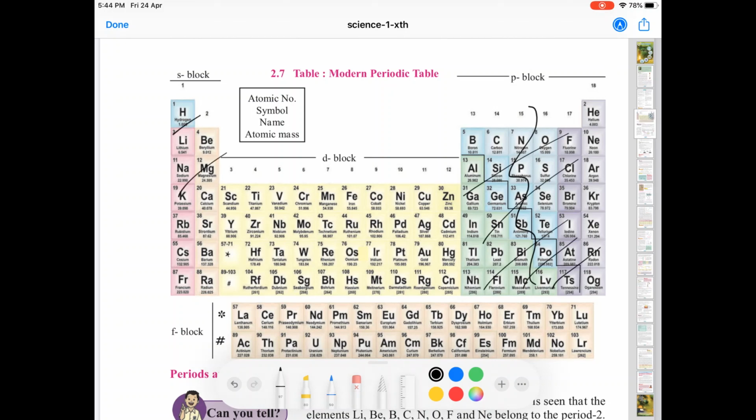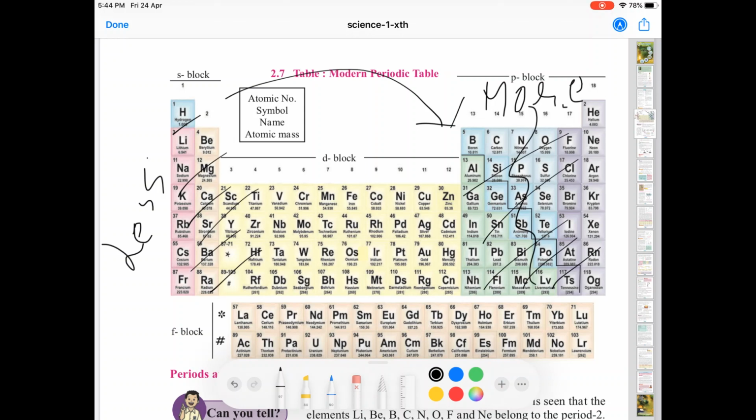Whereas if you look at the elements on the left, it is easy for these elements to donate electrons compared to the elements on the right, because on the left the atom is bigger. When the atom is bigger, the nuclear pull on the outermost electron is less, right? Whereas the nuclear pull in the case of these elements on the right is more.